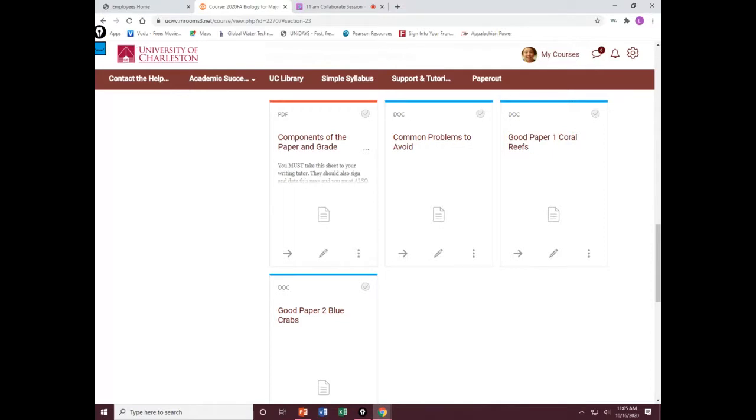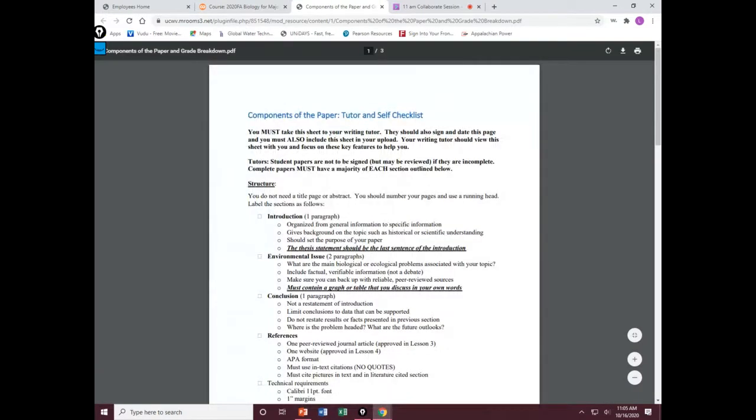In particular, of course, I always recommend taking a look at the last 2, since they're going to give you a good example of what a paper looks like, so you can see formatting, you can see what citations look like, and all of that business. I think it's always really helpful when I'm writing a paper to have some kind of example. I still use that when I write. So really take a look at these things. I'm going to open up the instruction sheet, though, because it's a really good place to start.